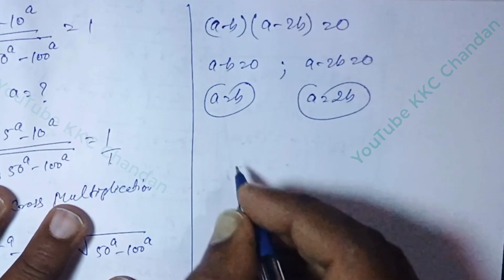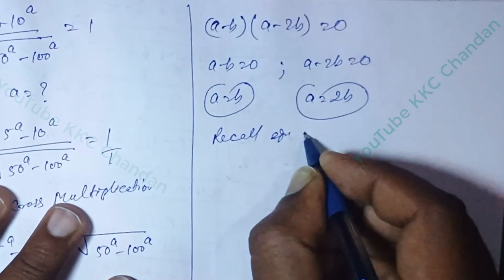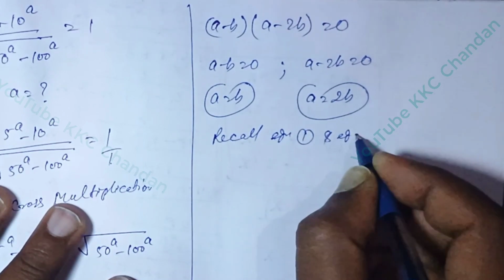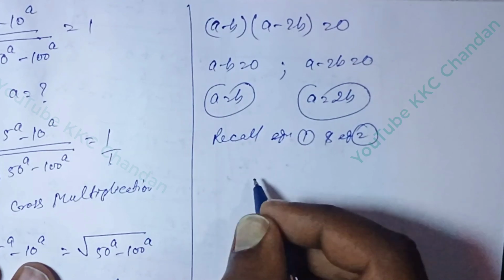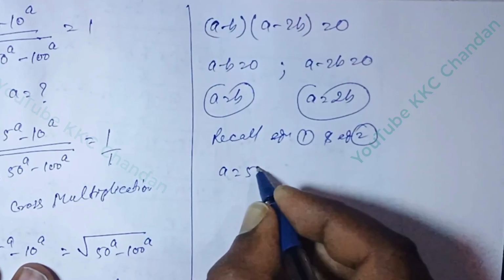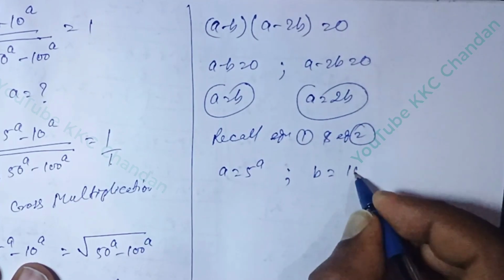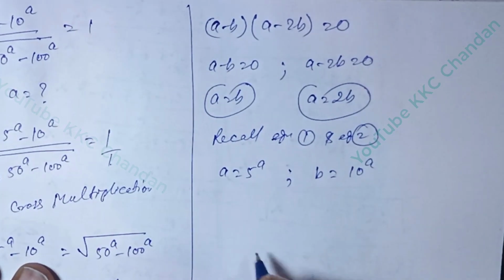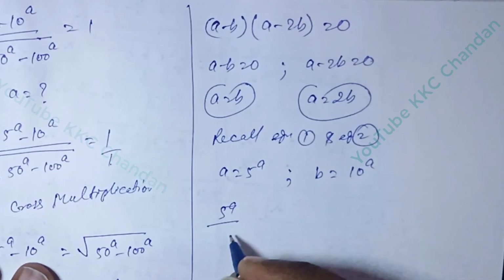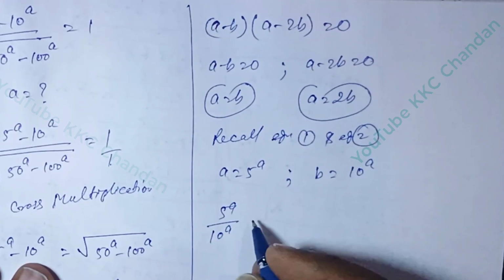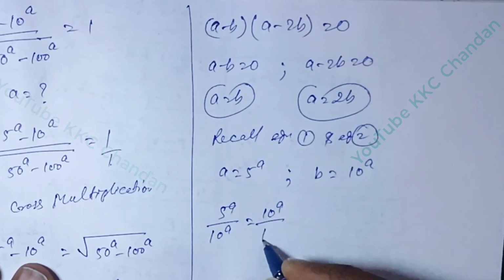Next step, recall equation number 1 and equation number 2. Equation number 1 tells that A is equal to 5^a and B is equal to 10^a. So 5^a divided by 10^a is equal to 10^a divided by 10^a.